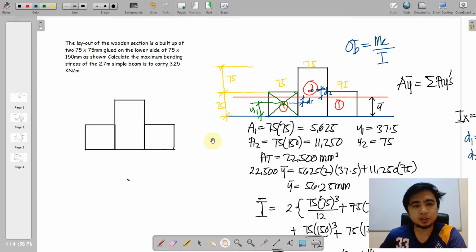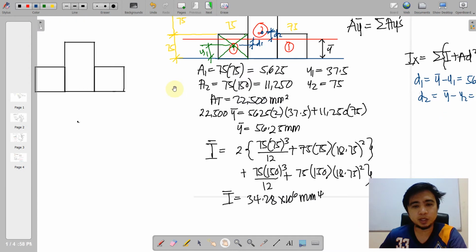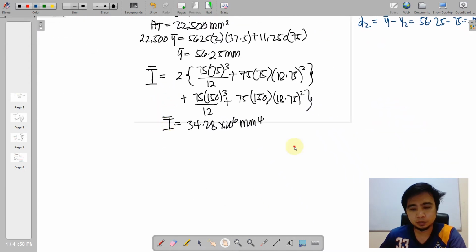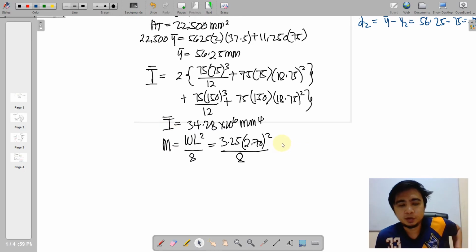If we have a simple beam, we can right away derive the maximum moment by this formula, WL squared all over 8. So if we have a pin and a roller located at the far ends of the beam, loaded by a uniformly distributed load, that is what we call a simple beam, wherein we can use this formula for the maximum moment.